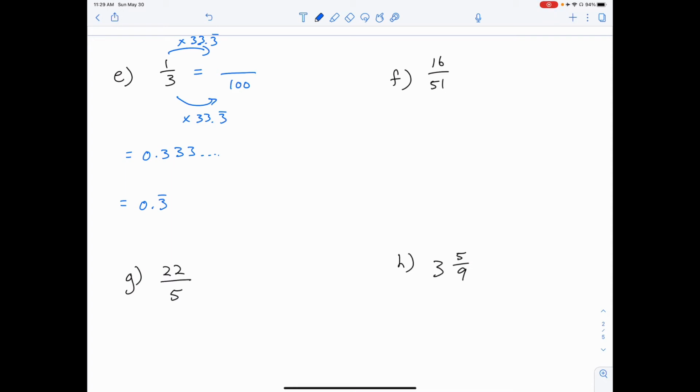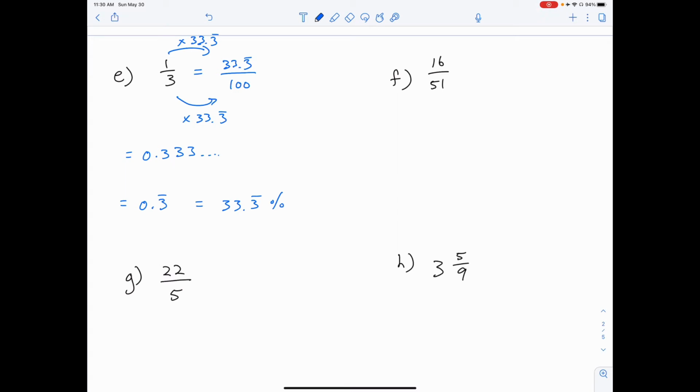So 1 times 33.3 repeating is just 33.3 repeating. Now we don't normally have a decimal on top of 100 as a fraction, but you get the idea here that if we were to convert it into a decimal, we'll just multiply by 100%, and this would just be 33.3 repeating percent. So again, whatever you have over 100, that's going to be written as your percentage.